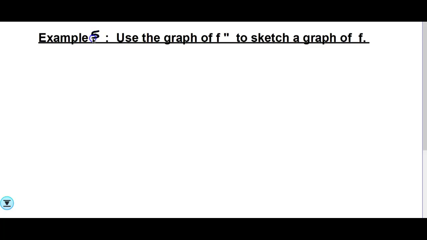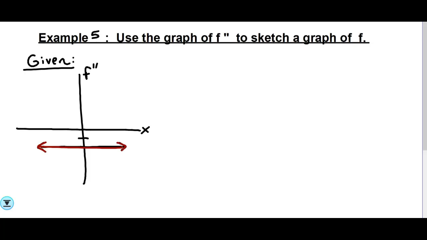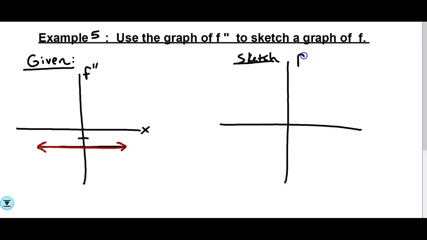We're on example 5 now. All right. So given that this is a graph of f double prime, we want to sketch a graph of f. Now, what does this graph tell us about f double prime?